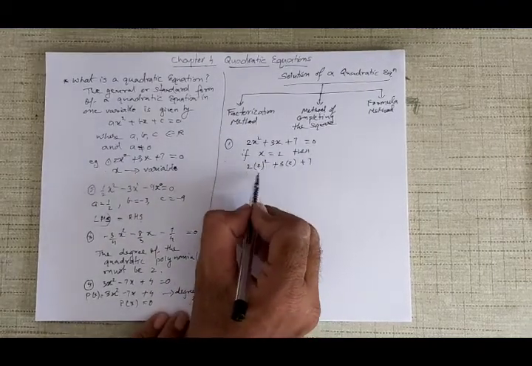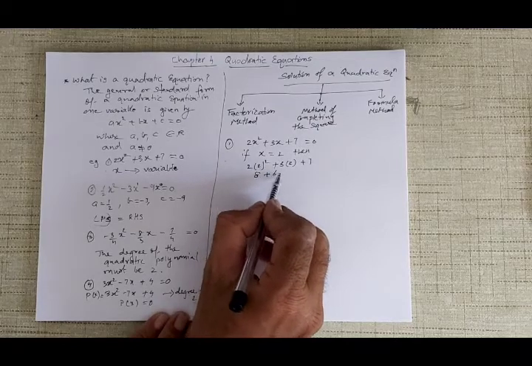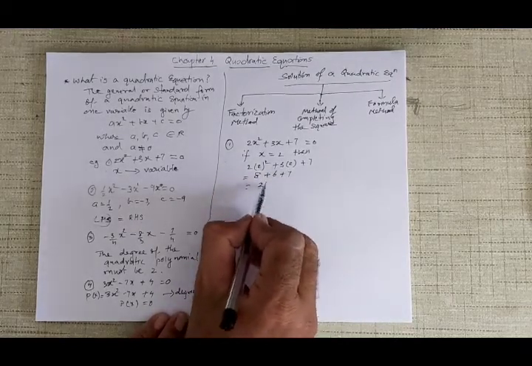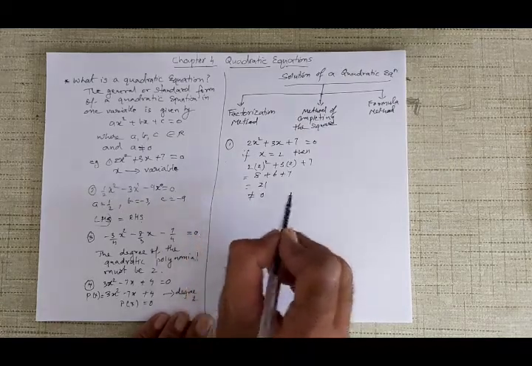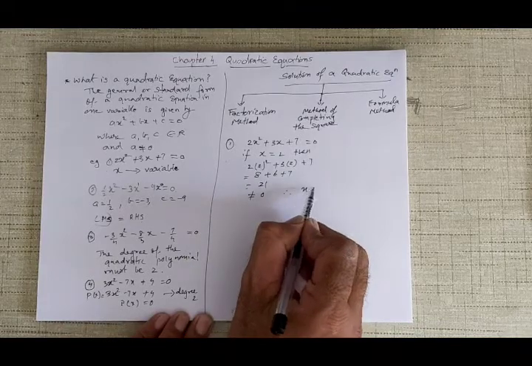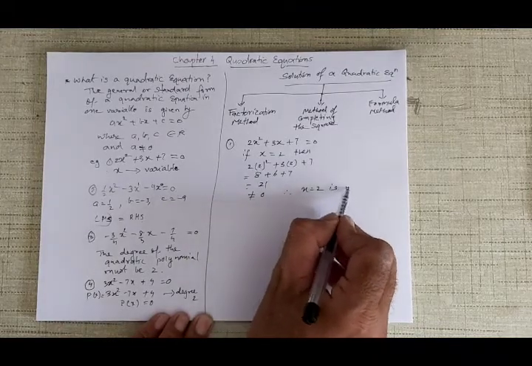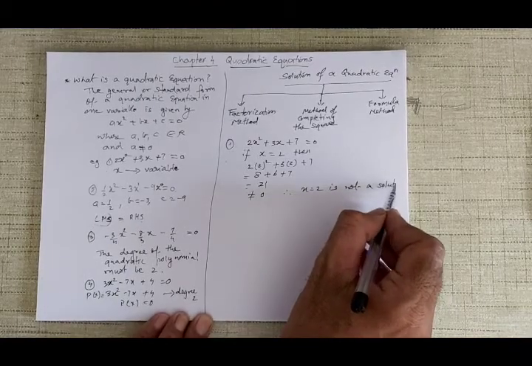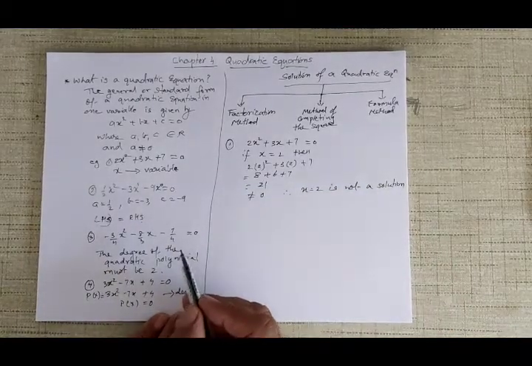So you can see 2 2s are 4, 4 2s are 8, 3 2s are 6 and 7. And this you will get 14 and 7, 21, which is not equal to 0. We need it to be equal to 0. So therefore x is equal to 2 is not a solution of the above quadratic equation.